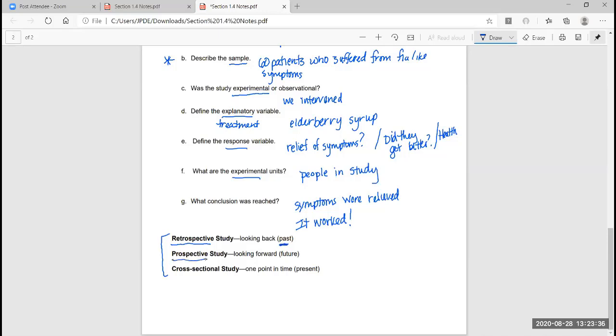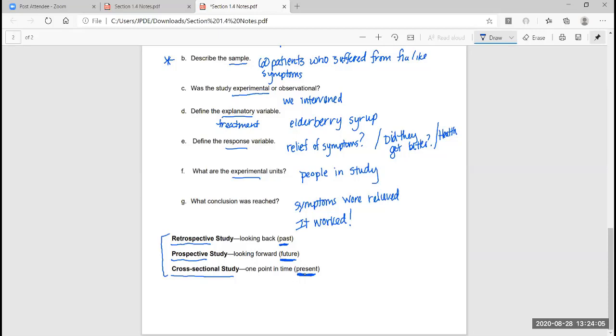A prospective study is looking forward. So that would be, let's say I wanted to study our class this semester. I would start now and I would project forward. And then a cross-sectional study, it just is at one point in time. So this could be something like I could ask you a question for today only, like, you know, how many hours of sleep did you get?